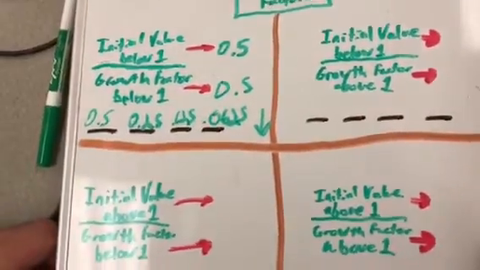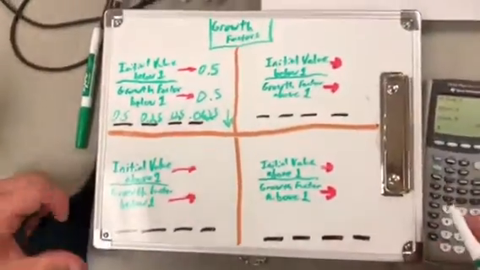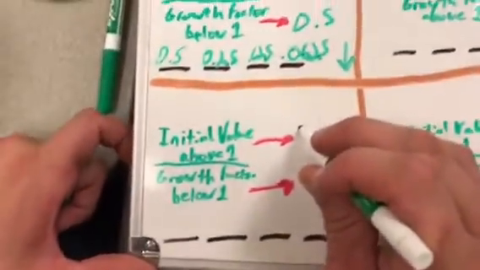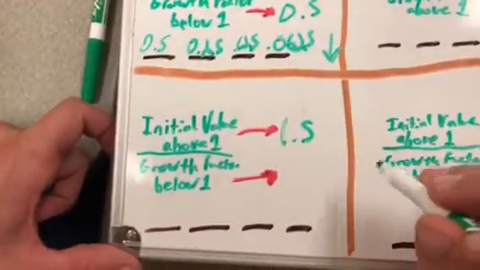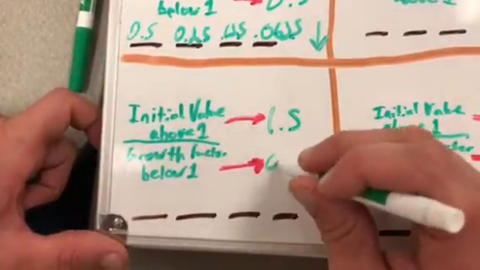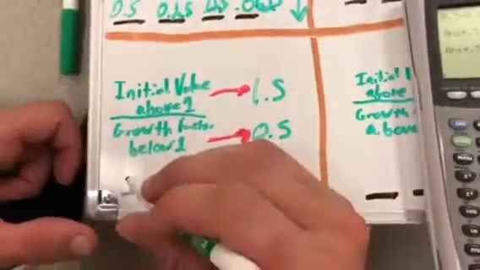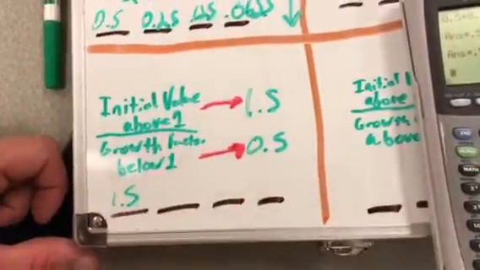Now we're going to look at, let's say the initial value is above 1 and our growth factor is below 1. So let's start with 1.5 and a growth factor of, let's keep it at 0.5. We're going to see what happens. So our initial value is 1.5.